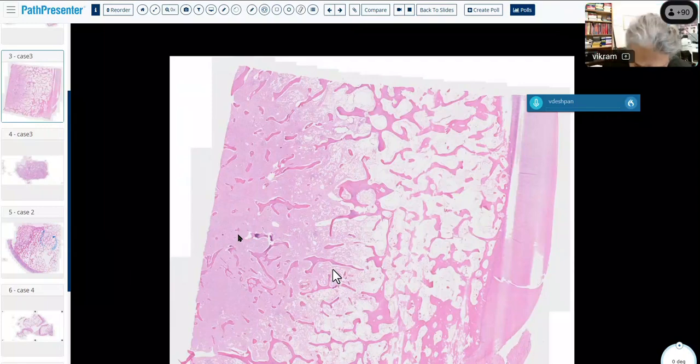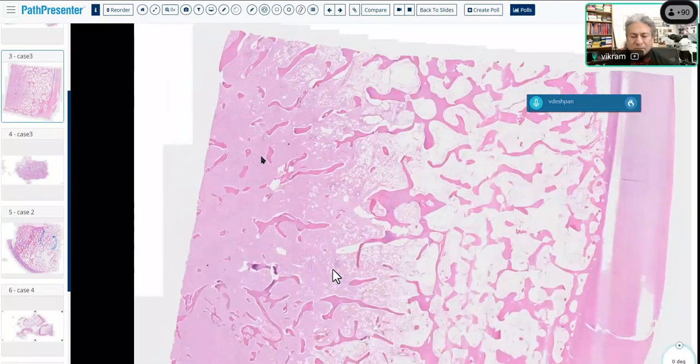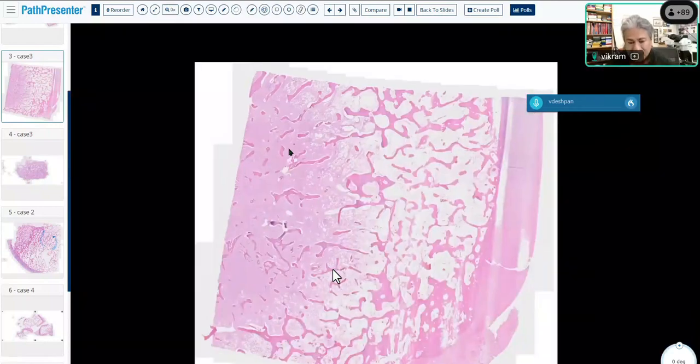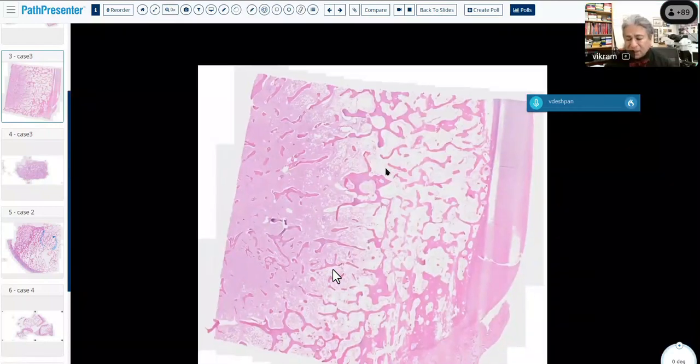So the great thing about this case is that resection, the margins were negative, patient's done. This will not metastasize, right? So parosteal osteosarcoma with extension into the intramedullary bone, which can happen.